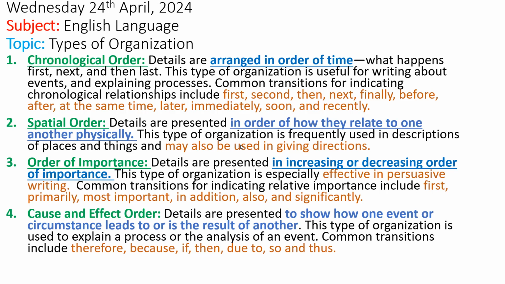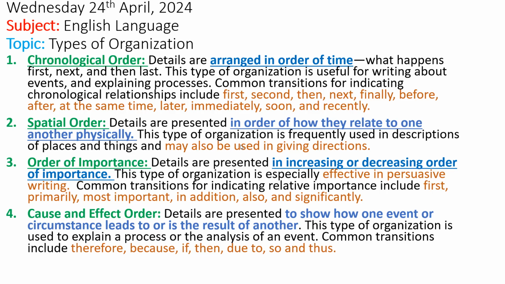So you want to show how one event leads to another event or is related to it. So we use therefore. Because of this, this happened. Due to this happened. So as a result of this, therefore, we can say that's cause and effect order. So you have chronological order, which talks about what happened first, second, third.